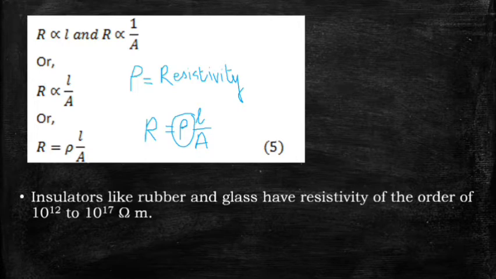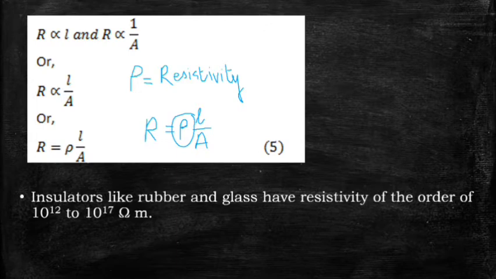There are some materials which will not conduct electricity. They are called insulators, like rubber or glass. We cannot pass electricity through rubber, glass, wood, etc. Those will have higher resistivity, like 10 to the power of 12, which is a large resistance, and 10 to the power of 17, which is also a large resistance for a current to flow.